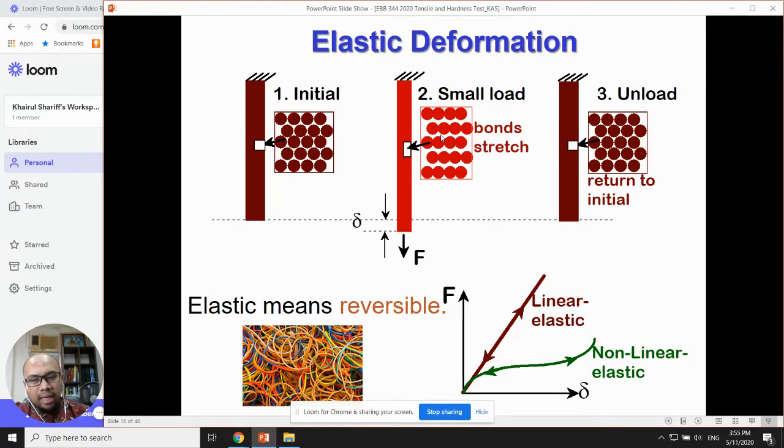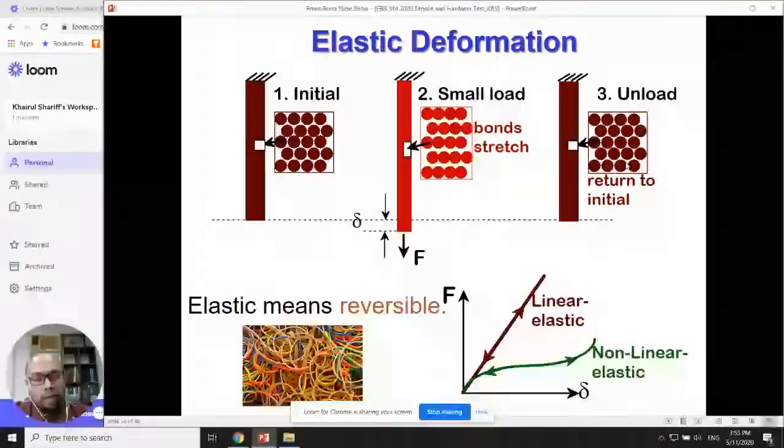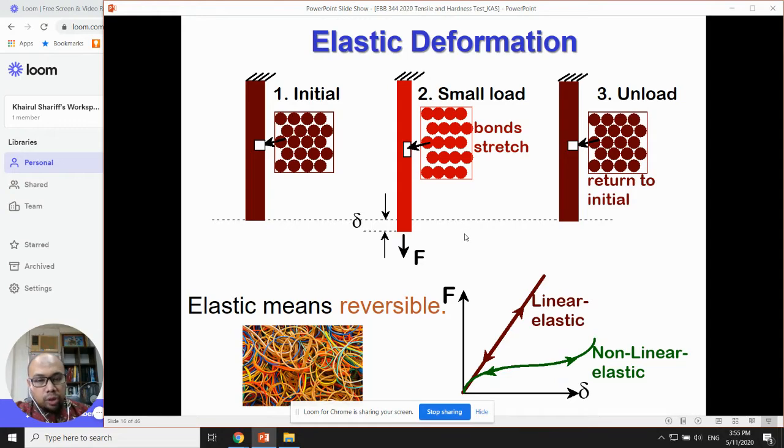There's a gap between the atom layers, and when you release the force or the clamp, they tend to go back to the original shape, and the atoms are arranged back into the original position.